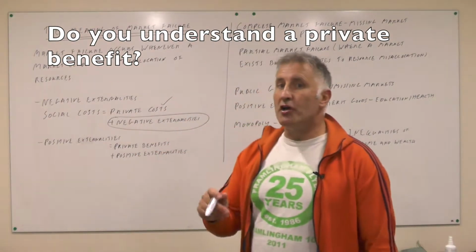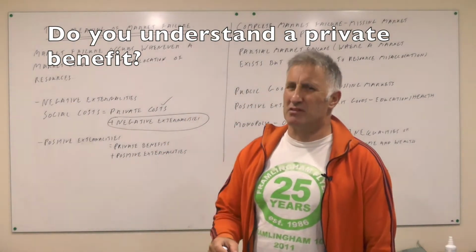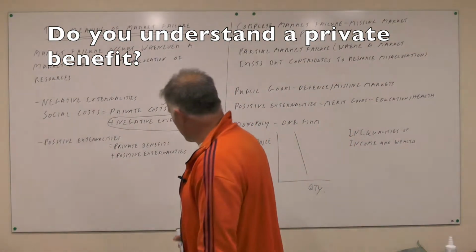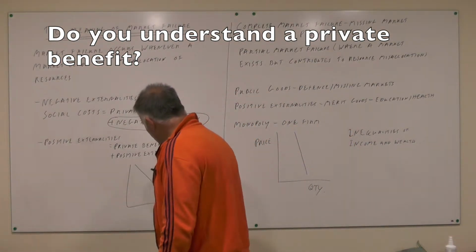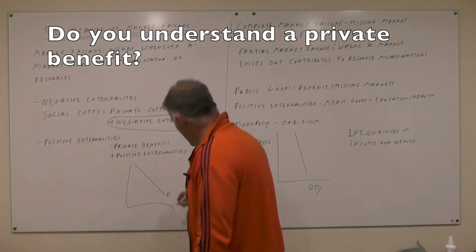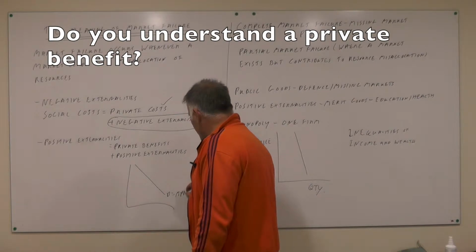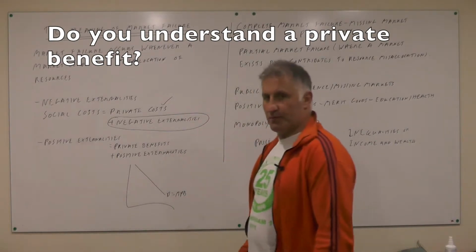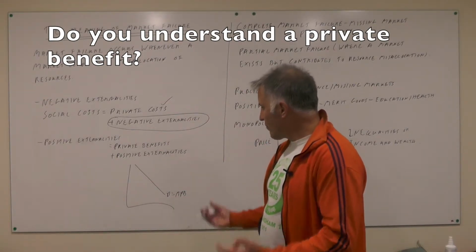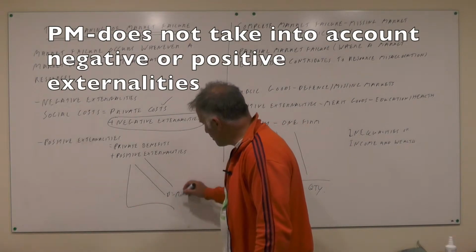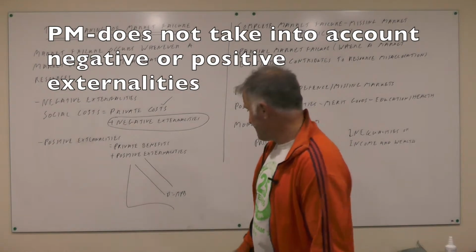Now the free market doesn't take that into account, really. When we show a positive externality, when we normally draw a demand curve, that shows the marginal private benefit. That is the benefit to you, not to anyone else. But on top of that, there may well be a social benefit to a third party.